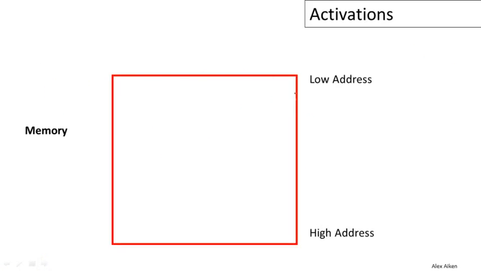So to conclude our discussion of activations, let's return to the runtime organization. As you may recall, we have a block of memory that is allocated to the program, and the first portion of that block is occupied by the code for the program itself. Now, in the rest of that memory that's allocated to the program, we're going to have to store the data that the program needs to execute.